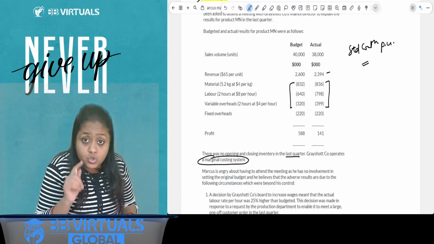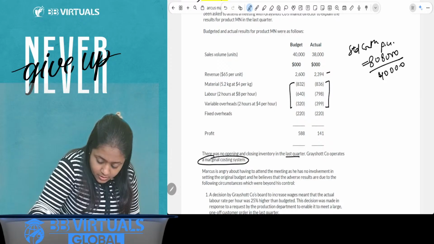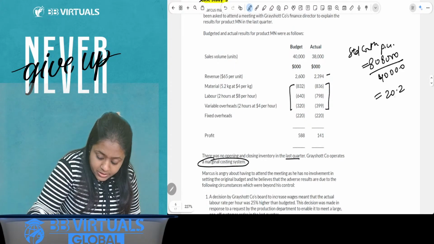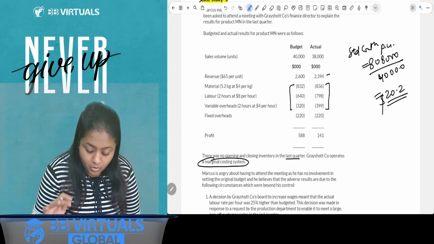So my total contribution is 808,000. Divided by the number of units, which is 40,000, the contribution per unit will be 20.2. Okay, this is my contribution per unit. Let's do further.